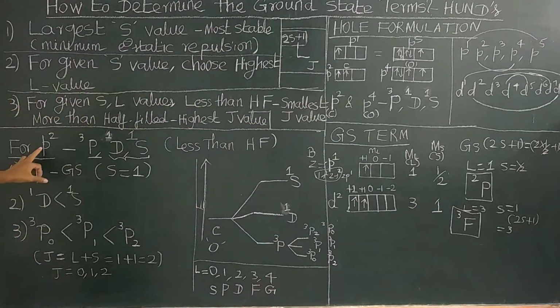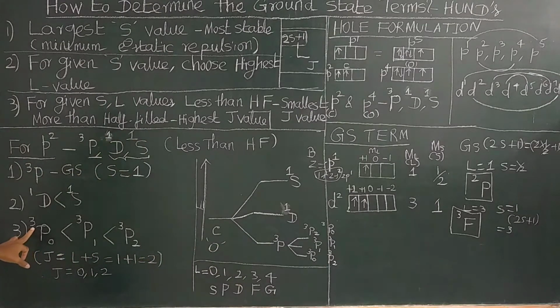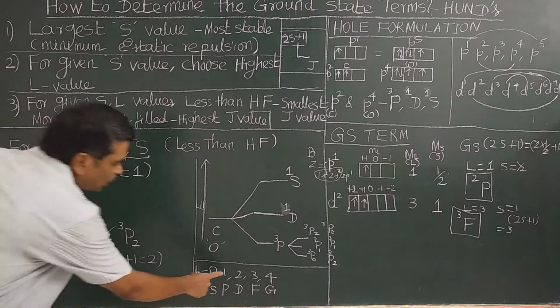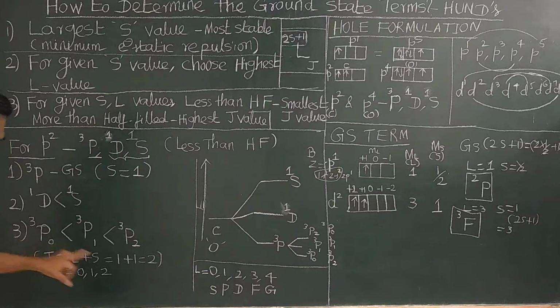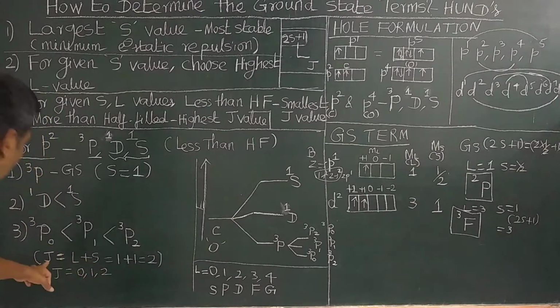For the p2 configuration, let us take the ground state 3P. Here L equals 1 and S equals 1. 2S plus 1 equals 3.